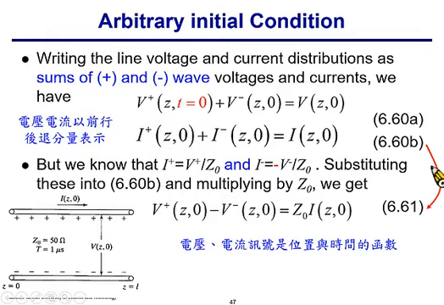Okay, so here we write up the relationship. The first one is the total voltage relationship: V equals V plus plus V minus. I equals I plus plus I minus. And this equation should be satisfied at any location on the line, okay?